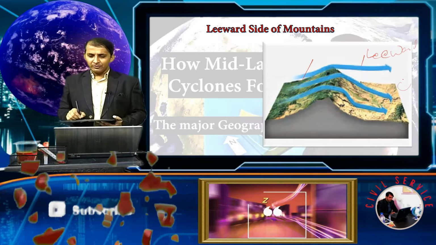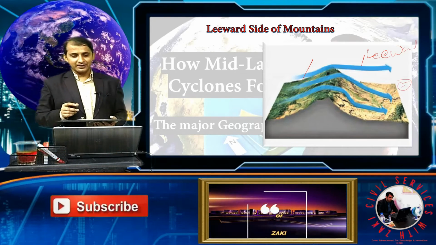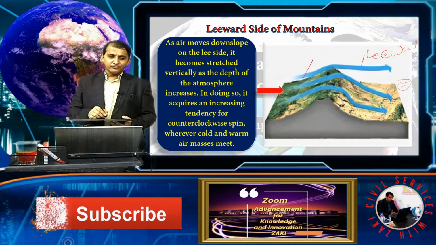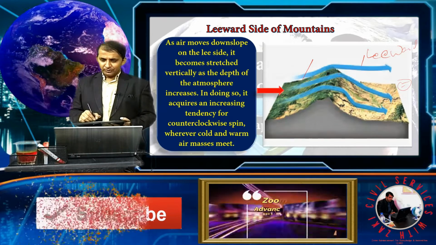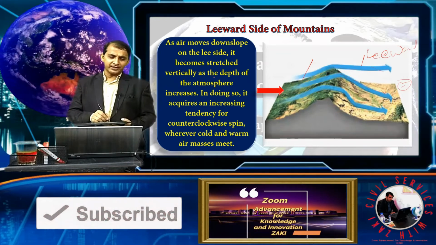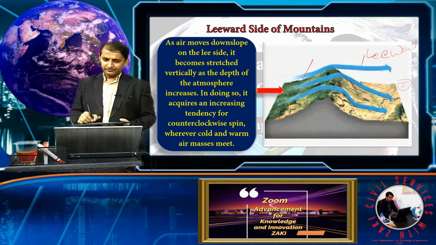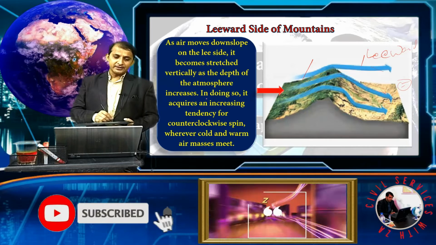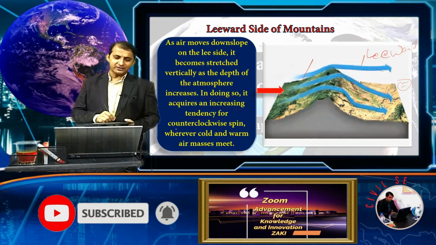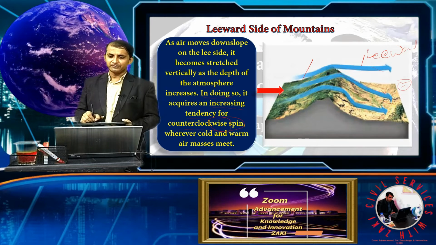Cyclones also form on the leeward side. As air moves downslope, it becomes stretched vertically as the depth of the atmosphere increases. In doing so, it acquires an increasing tendency for counterclockwise spin.